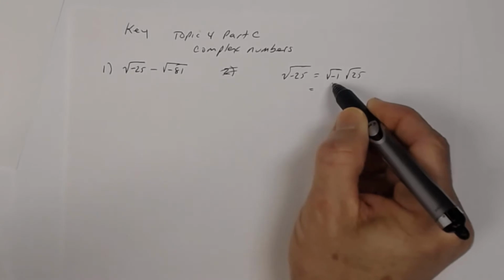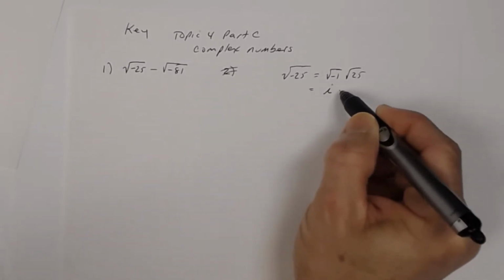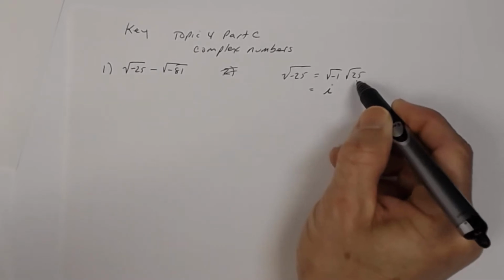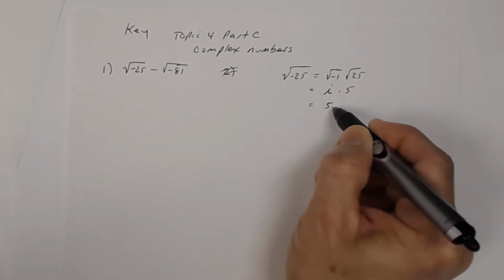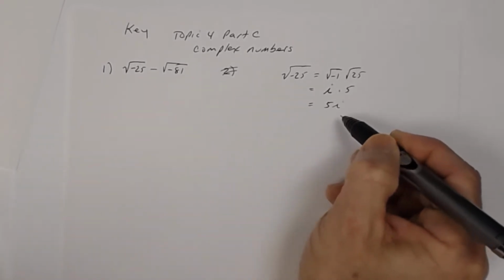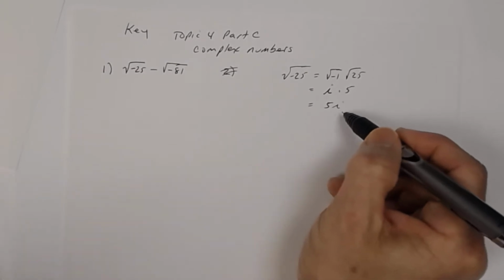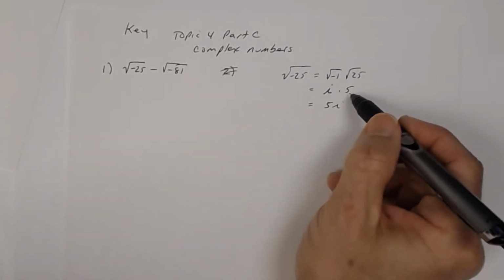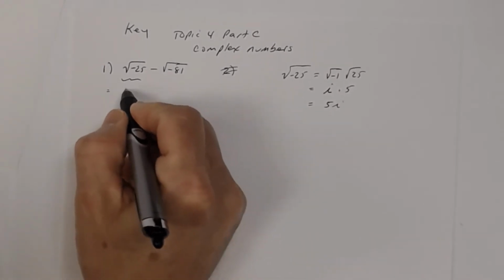I know that the square root of negative 1 is defined to be the imaginary unit i, and I know that 25 is a perfect square, so the square root of 25 is 5, and so this becomes 5i. We tend to put the i behind the 5 here.